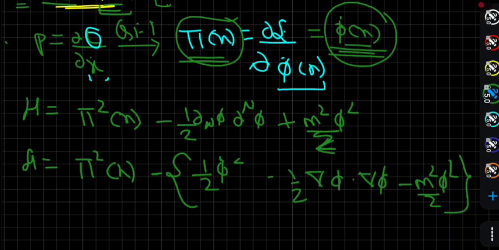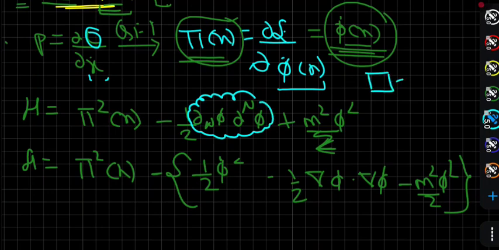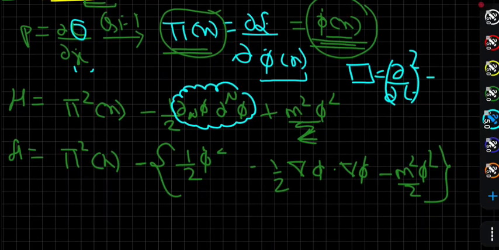If you ask what I have done here, remember, if you have seen one of my previous videos, let me clarify it. This particular formula you have to expand. This is known as the d'Alembertian, and it is equal to the time derivative del by del t whole square, minus the nabla operator whole square.